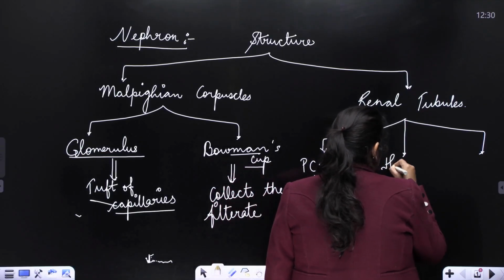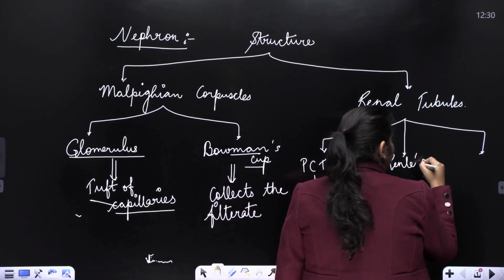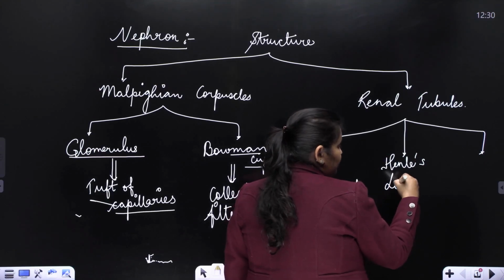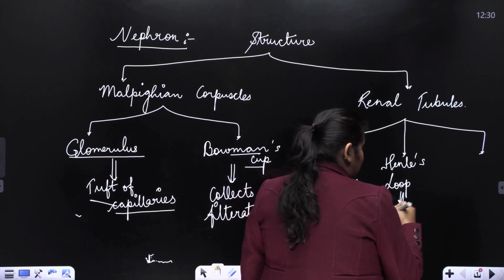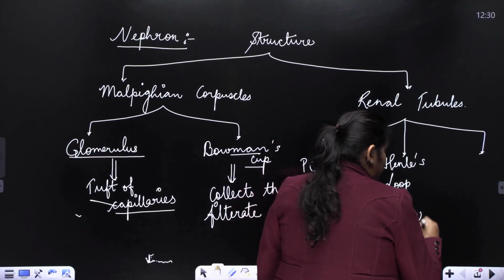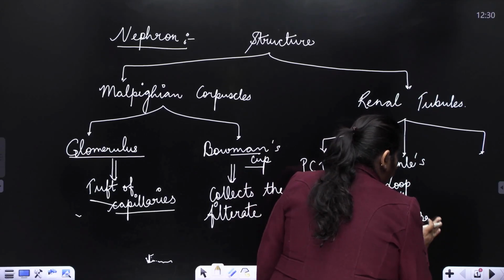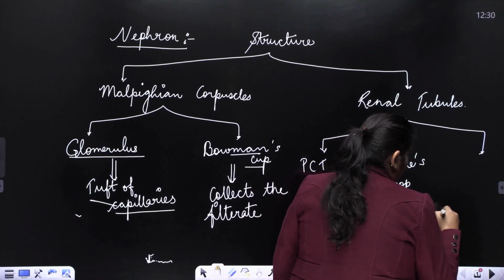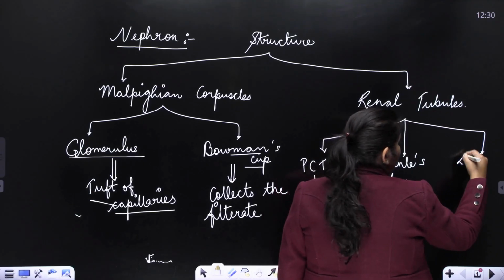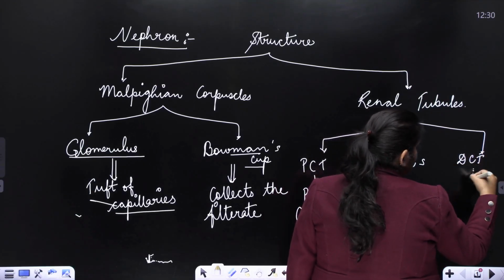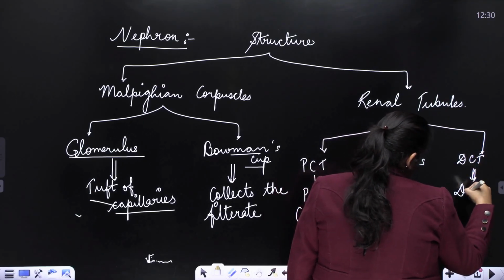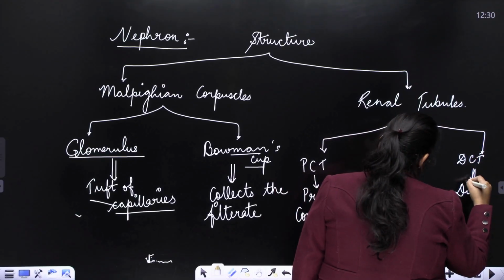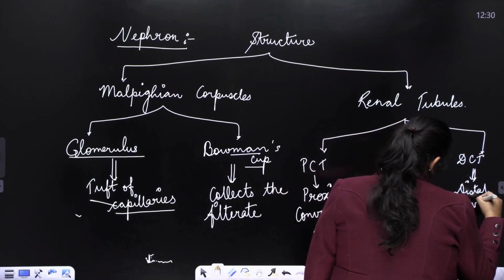The Henle's loop or the loop of Henle, which is a U-shaped tubular part, and the third one is the DCT. Full form is the distal convoluted tubule.